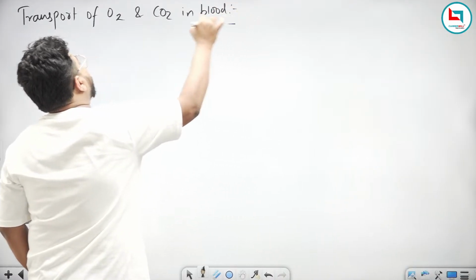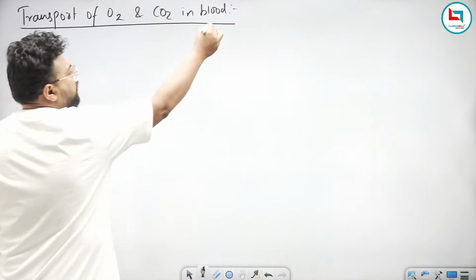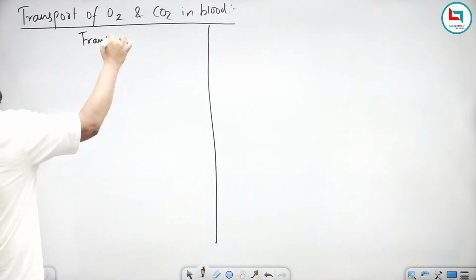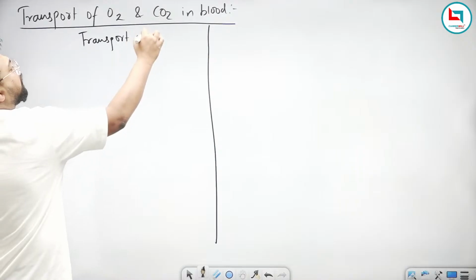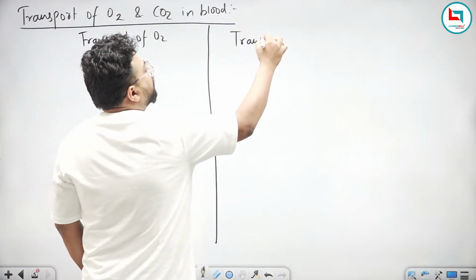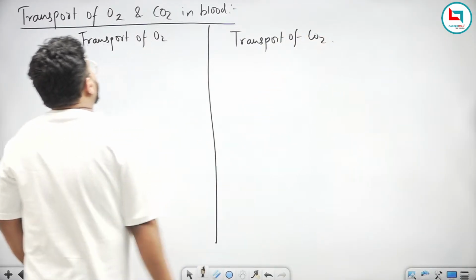In which form do oxygen and carbon dioxide get transported in blood? So transport of oxygen and transport of carbon dioxide.